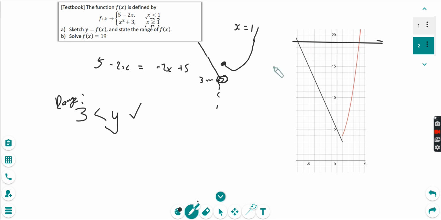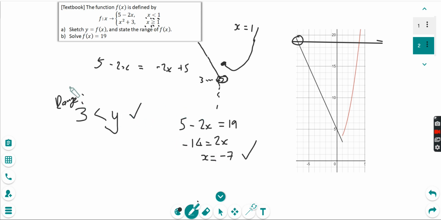We can investigate first of all. 5 minus 2x equals 19. That's the point up here. What do we do? Take away the 19, add the 2x, so minus 14 equals 2x. So x equals minus 7, which seems to be what it is. So that's our first solution.